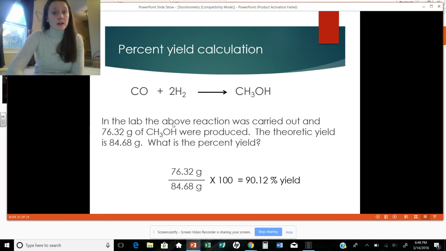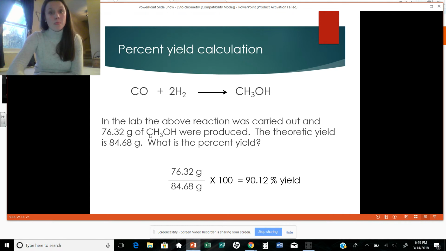But in the lab, the above reaction was carried out and 76.32 grams of methanol was produced. However, when the chemist went through the stoichiometry, the theoretical yield should have been 84.68 grams. So they should have gotten 84.68 grams of methanol, but when they measured how much methanol they got at the end of their experiment, they only measured 76.32 grams.